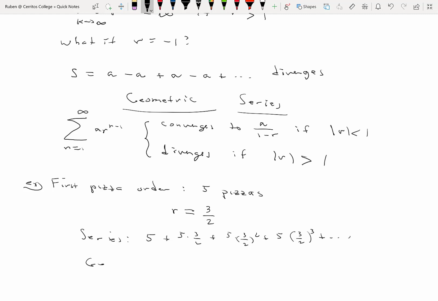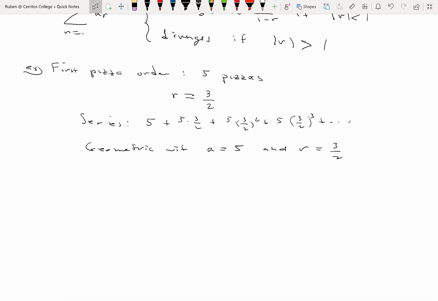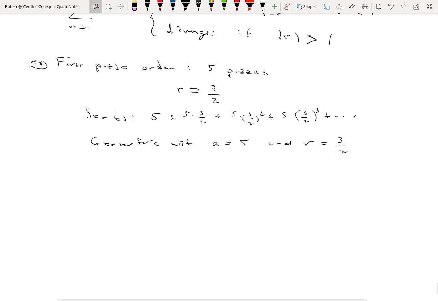This is geometric with A equal to 5 and R equal to 3 halves. The important thing for us is that the absolute value of R is 3 halves, which is greater than 1. So the series diverges.